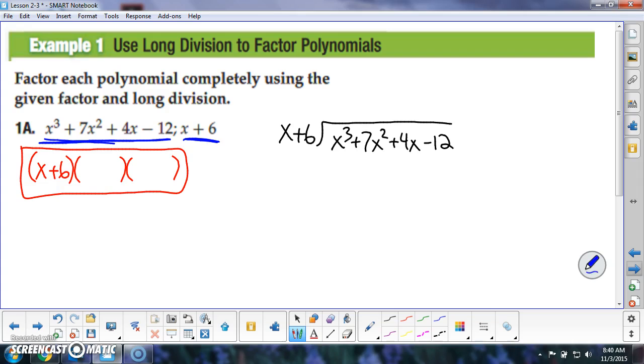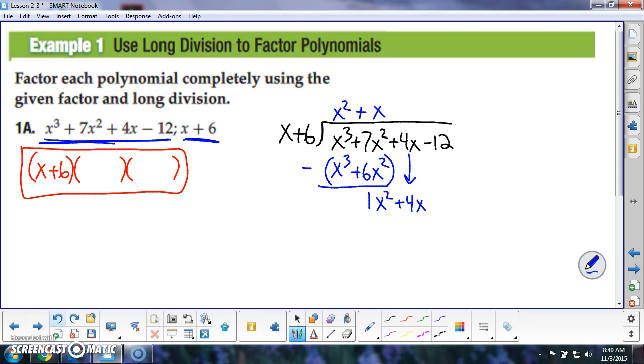Okay, as we start to do the long division, we'll have an x squared on top to begin with. Oops, made a mistake there. Let's fix that. X to the third plus 6x squared. Subtract the 2, and we get 1x squared. Bring down the next term, plus 4x.